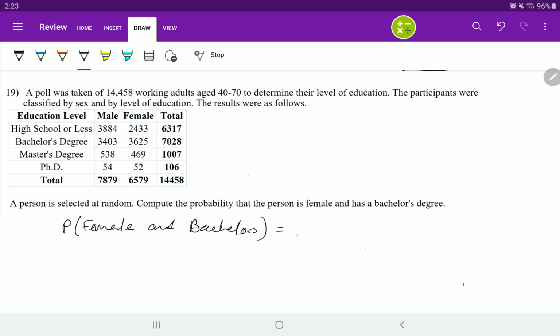I'm going to put this as a decimal as my final answer. So out of the 14,458 people in this study, only 3,625 are both female with a bachelor's degree.